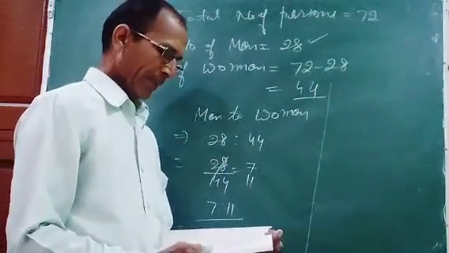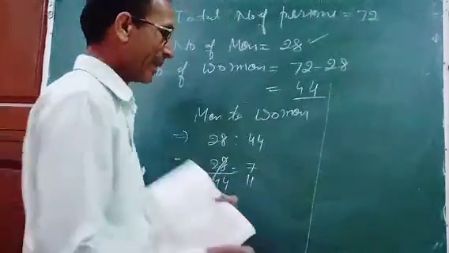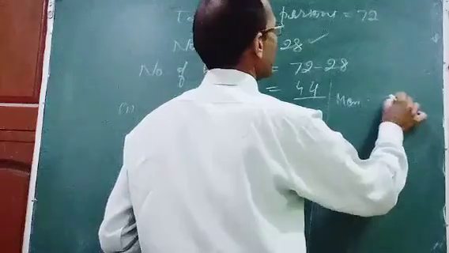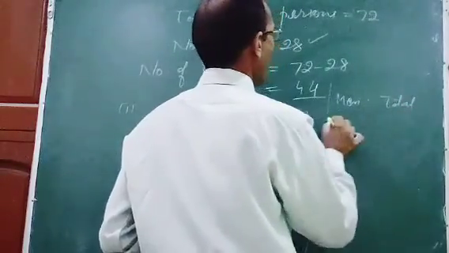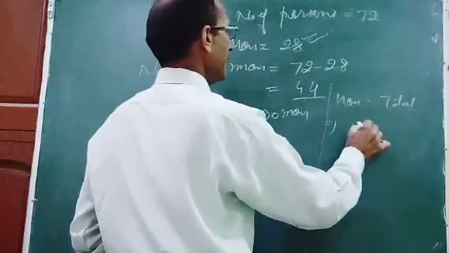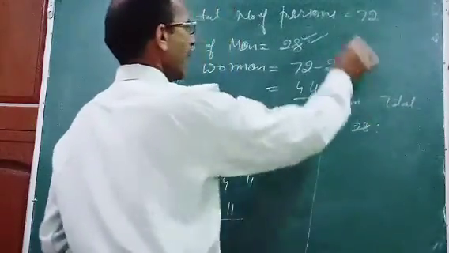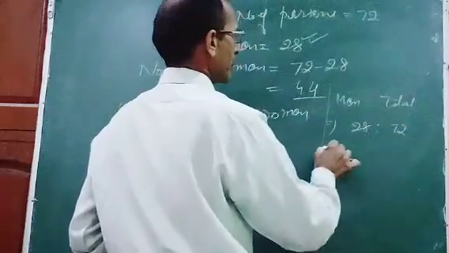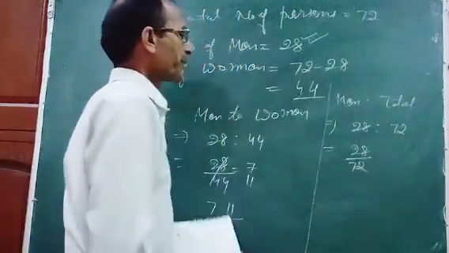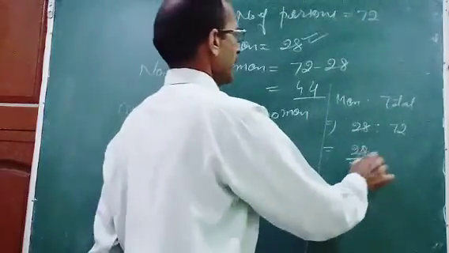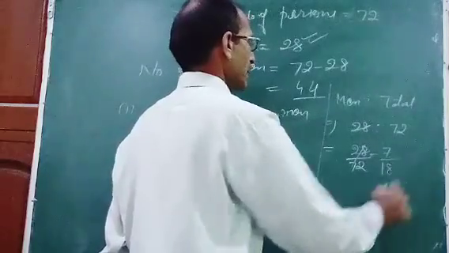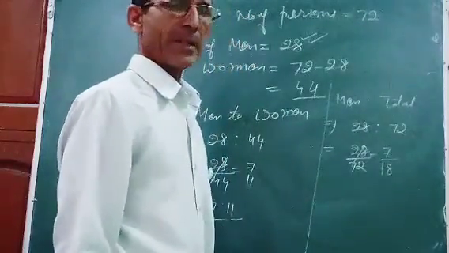Okay. Now second part of the same question. Second is men to the total number of persons. How many men are there? 28. Total are 72. So it will be 28 by 72. 4 sevens are 28, 4 eighteens are 72.